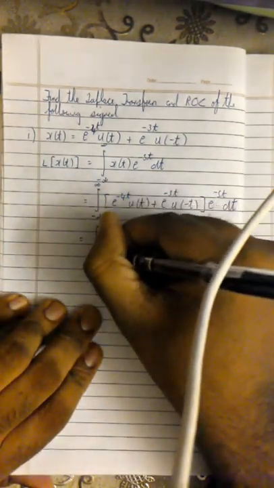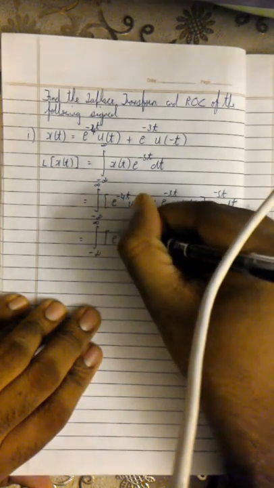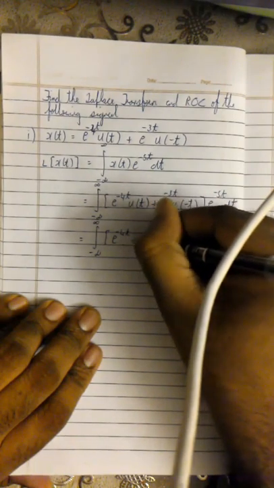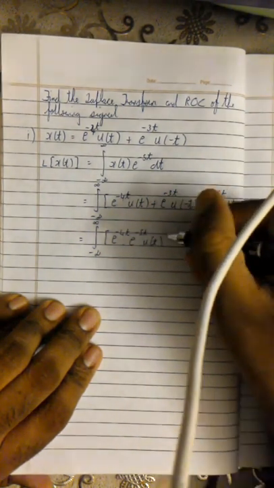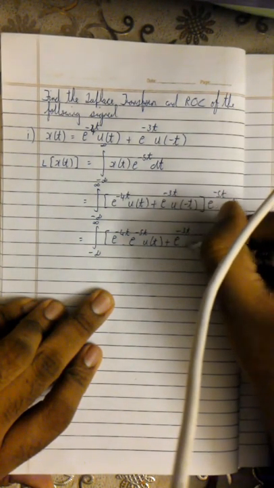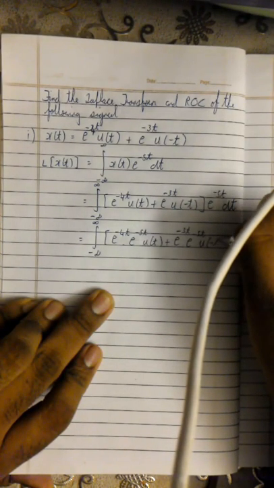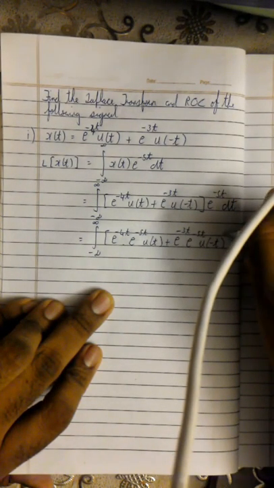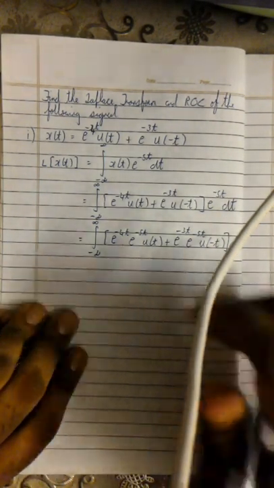So it will become integral minus infinity to plus infinity e raised to minus 4t into e raised to minus st u of t plus e raised to minus 3t into e raised to minus st u of minus t dt.